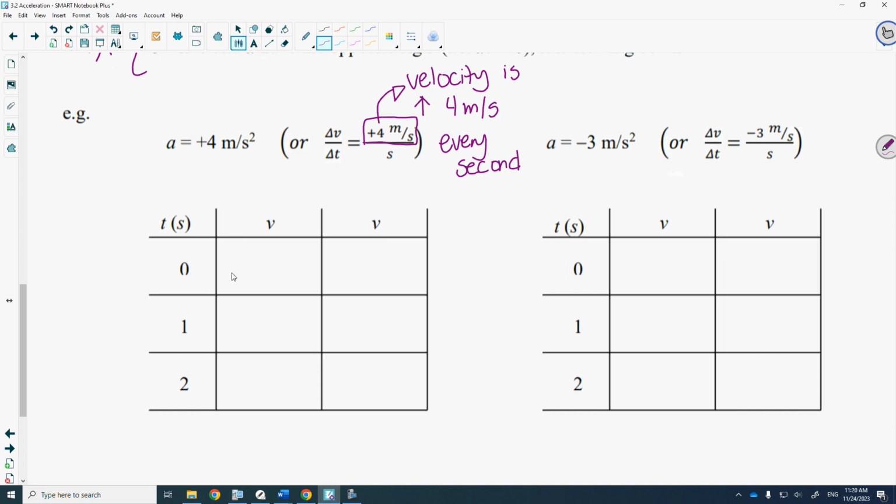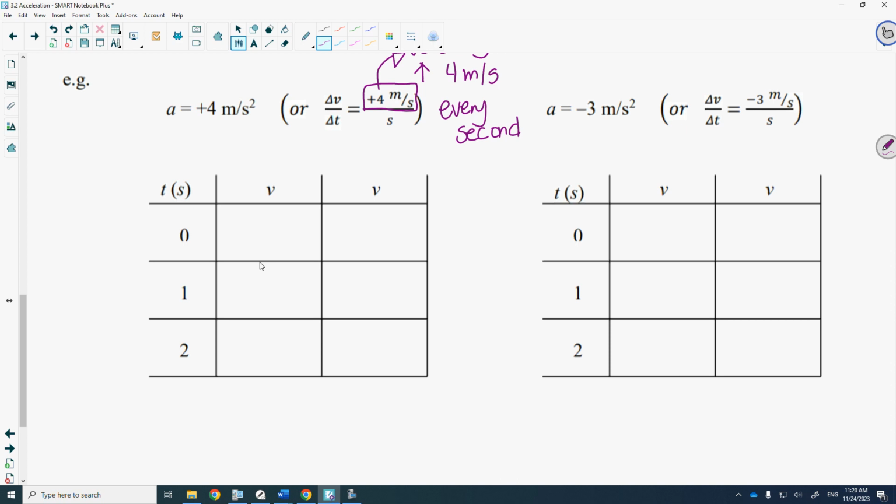So what we're going to look at is the velocity when velocity is greater than 0 and when velocity is less than 0. And we're going to pick a starting velocity. Let's say I want to start at a velocity of 10, and if I'm going to pick a velocity less than 0, I'm going to say negative 10.